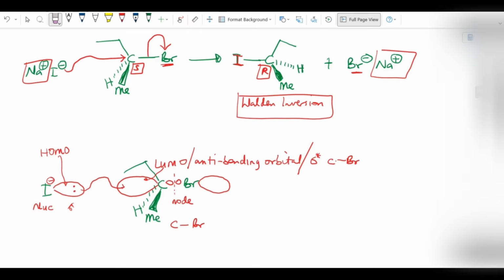So this is the reason why the nucleophile will always attack from the opposite side as the leaving group. This is the sigma star orbital or the LUMO of the carbon-bromine bond.